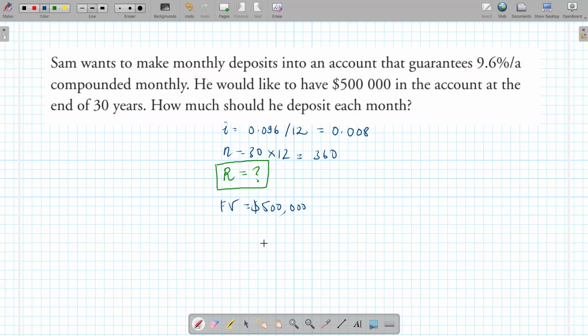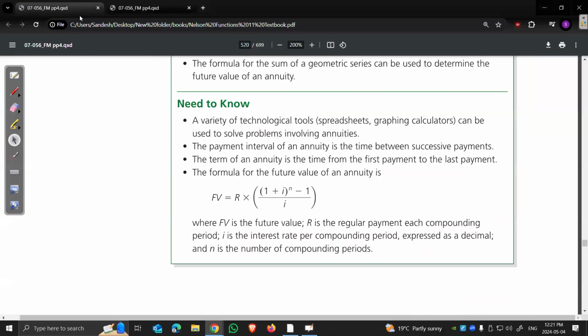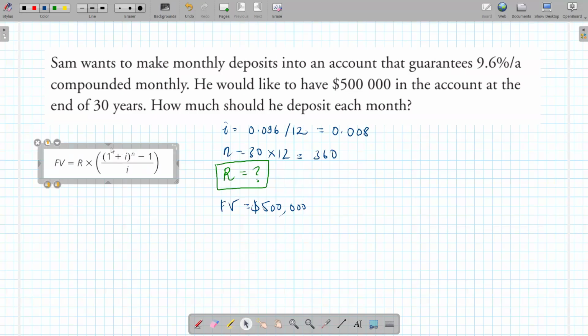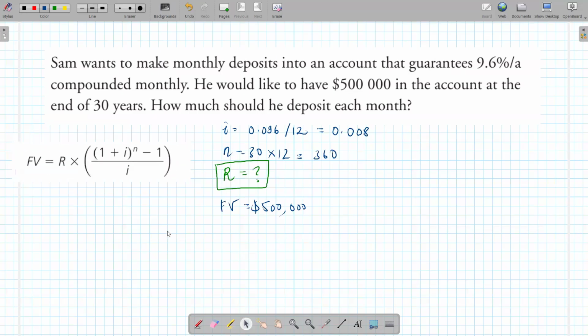And this is all we need. So again, we're going to go back here, pull this out, and let's see. So our unknown is R. So our equation is going to look like this. 500,000 equals R, which we don't know, times (1 plus 0.008) to the power of 360 minus 1, all over our i, 0.008.